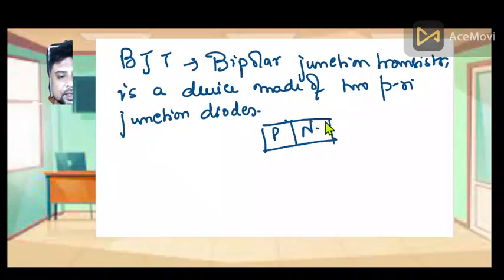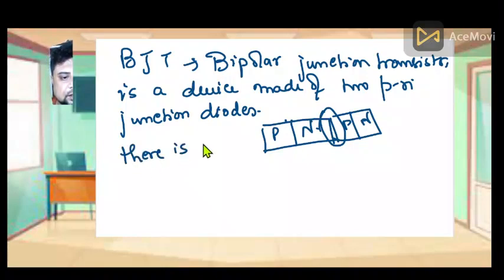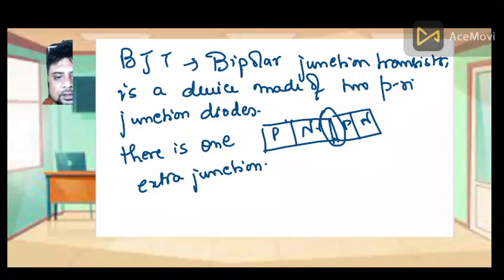This is one PN junction attached with another PN junction, so there is one extra junction. 1, 2, 3. This is the basic formation of a transistor.